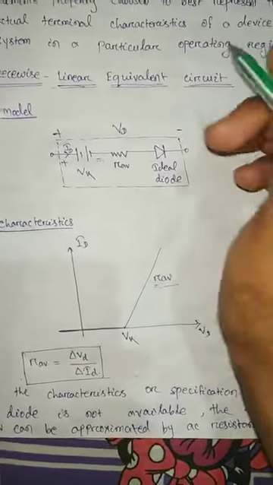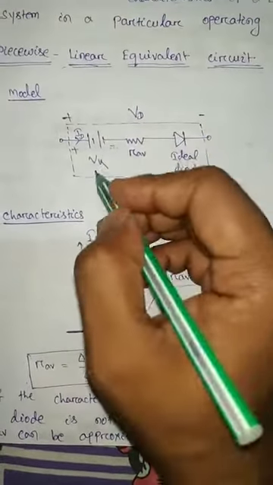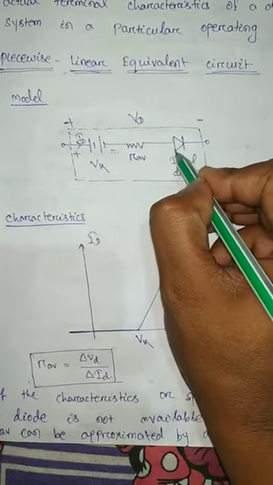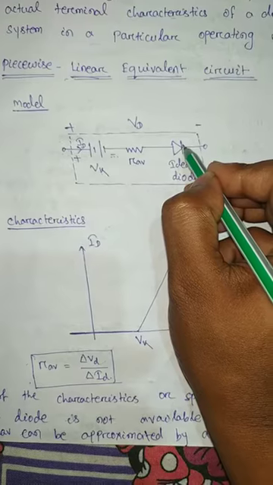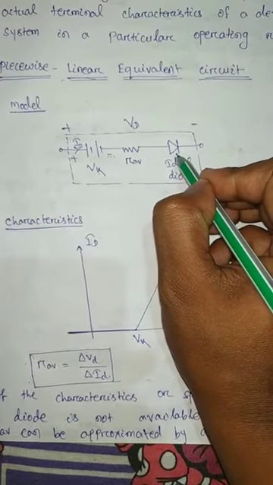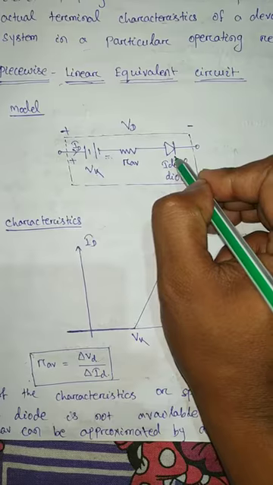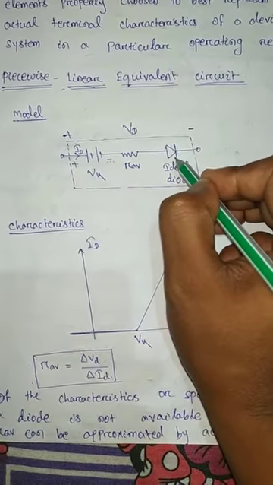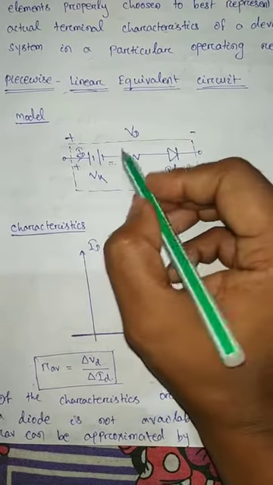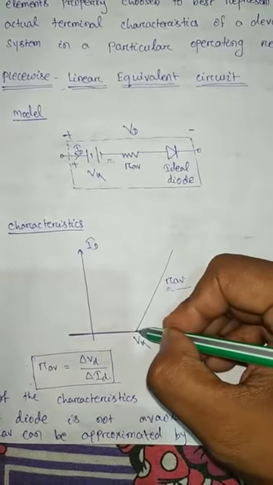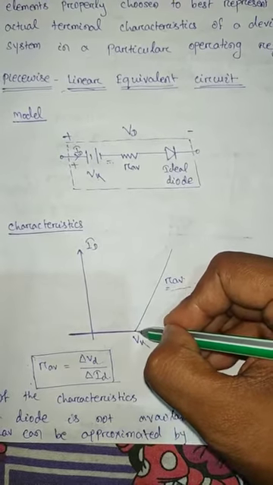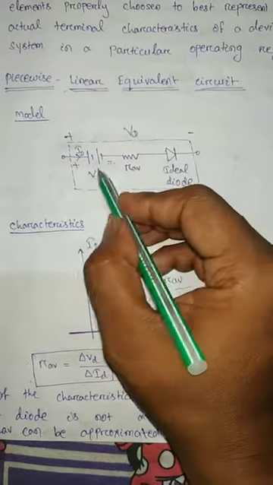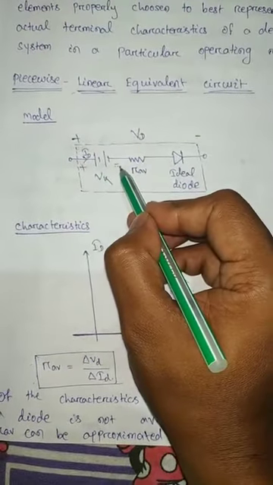Now the piecewise linear equivalent circuit can be represented by this model. As you see in this figure, this is the ideal diode. We use this ideal diode symbol to represent the direction of the current. This is the barrier potential or knee voltage Vk, and this voltage opposes the flow of the current, with polarity plus on this side and minus on this side.